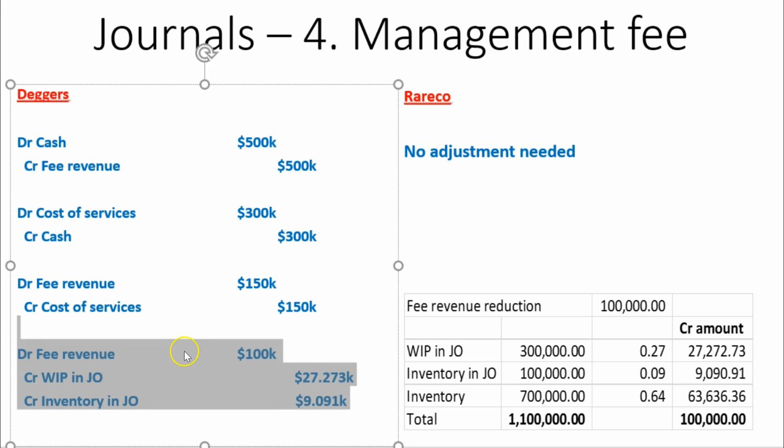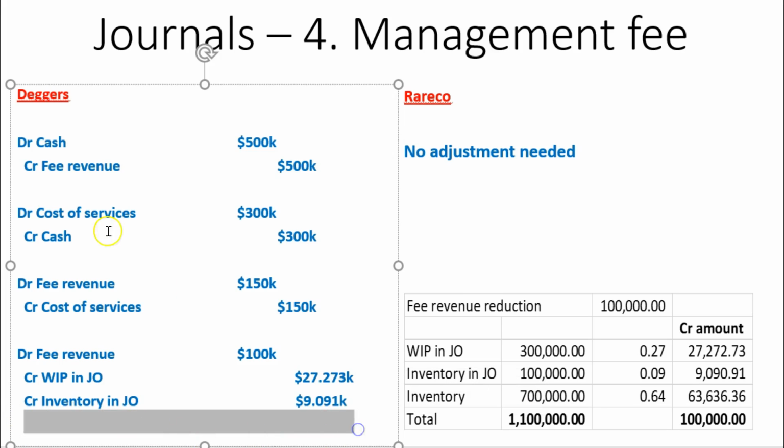Now, the way we do that is we debit our fee revenue by $100,000 to reduce our total fee revenue by $250,000, because we've got the debit here of 150 plus the debit here of 100, which means the total reduction in fee revenue is now $250,000.